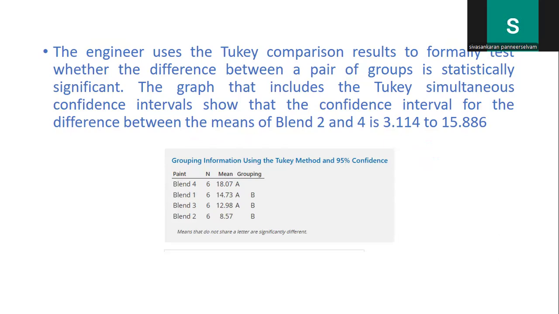The hardness for blend 2 is 3.114, and for blend 4 it is 18.07, which is a vast, significant difference in terms of hardness, for a 95% confidence interval.